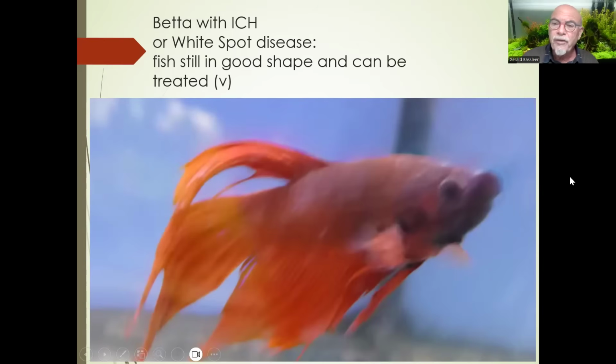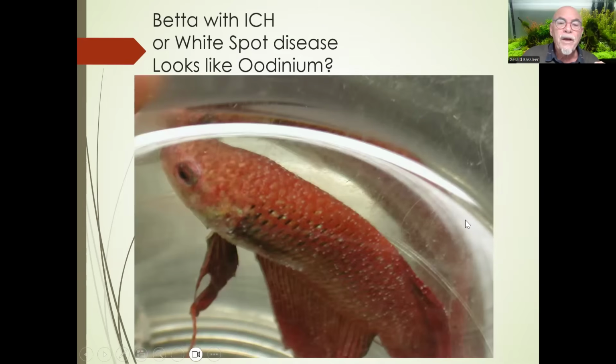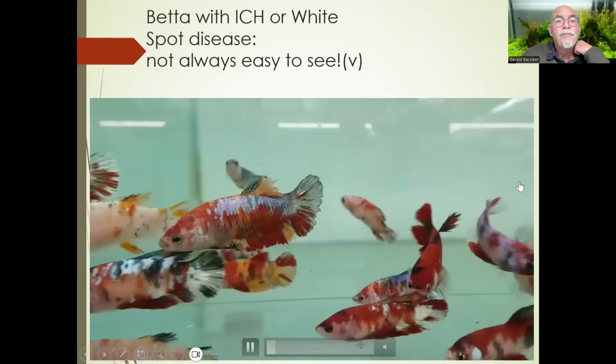And then the fish will usually be treated much easier. Sometimes white spots look very fine and very dusty-like. Yes, you might be confused with Oodinium. Well, a scraping, taking off a few parasites, will help you to determine what you are dealing with.